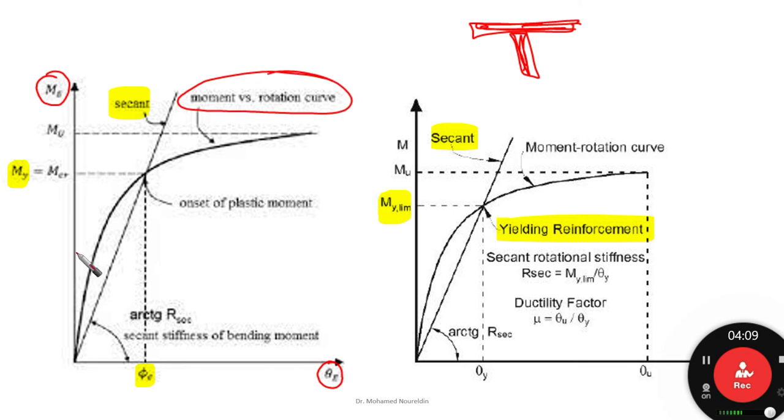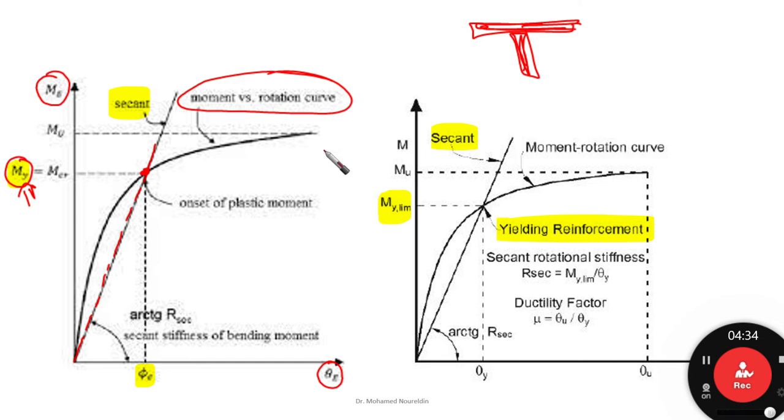Then at a certain point we are going to have a secant stiffness, which means we draw a line that intersects the moment rotation curve at a point. This point is going to be indicated as the M yield of this element.